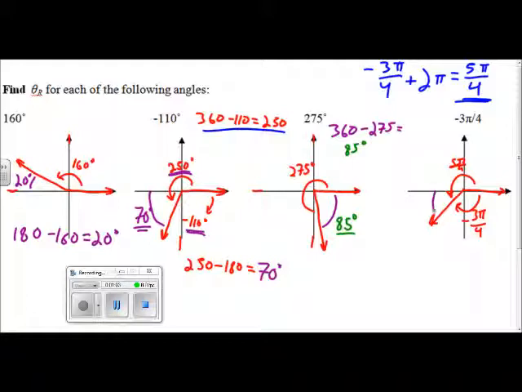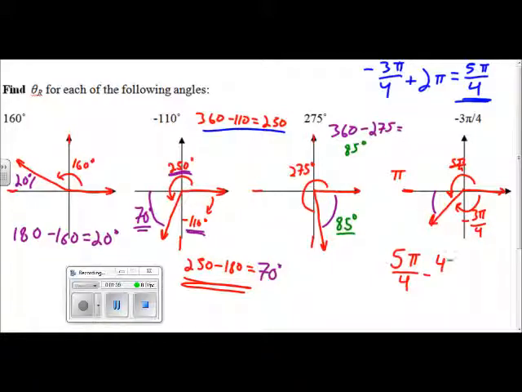Just like before, whether using degrees or radians, the reference angle comes straight down from our x-axis. Before, we took our angle that was given and subtracted 180 degrees. In this case, we do the angle given, 5 pi over 4, and we subtract not 180 degrees, but in radians it is pi.